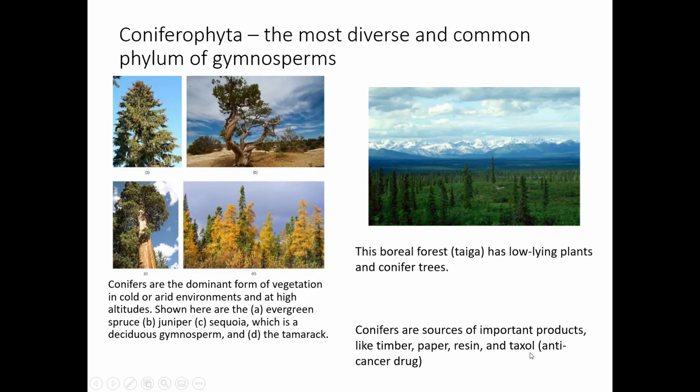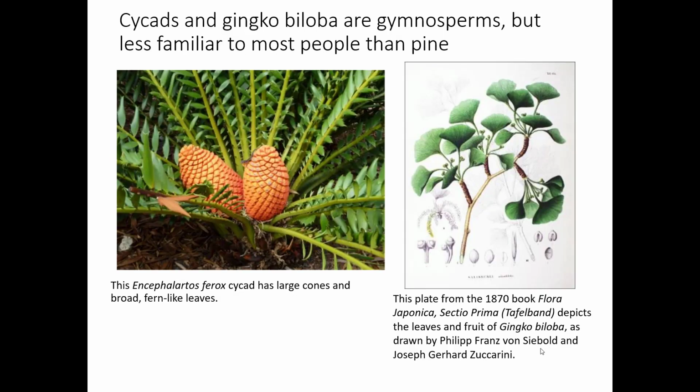And I mentioned Taxol was one of the first anti-cancer drugs. It's not used so much anymore, but it was an extract from a conifer. But I would say timber and paper are probably your number one most important economic products.